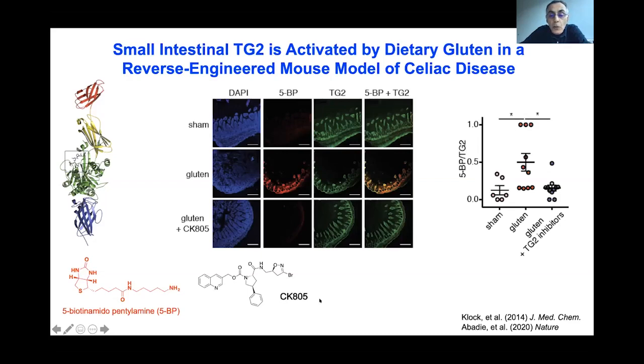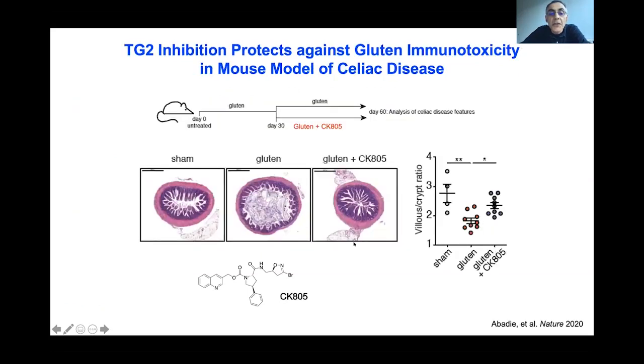So this tool was used to engineer the mouse model further to a point where one could actually do the non-clinical test of our hypothesis that if you block transglutaminase, you might be able to achieve clinical benefit in a celiac patient.